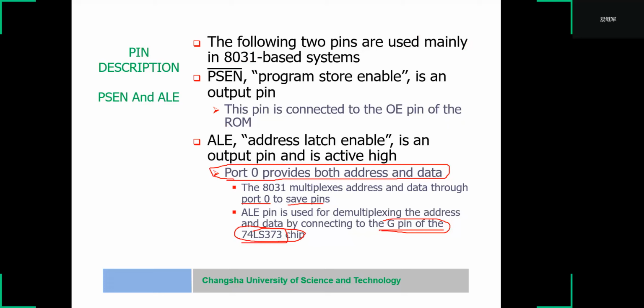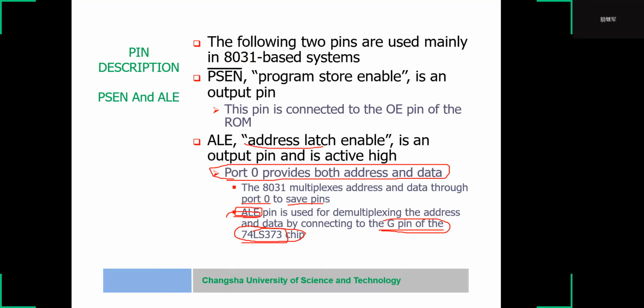The ALE is only used in 8031. We don't use it in 8051? Oh, you can use this on 8051 and 8031. In the 8051 series we can all use ALE. ALE is an address latch signal.